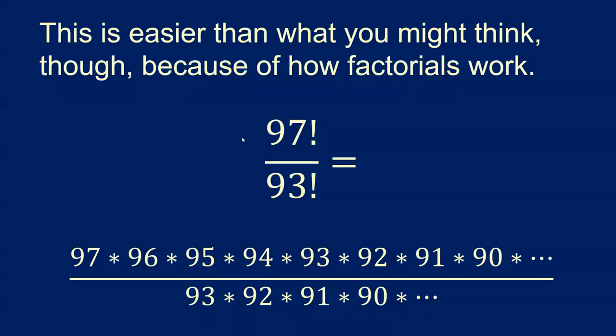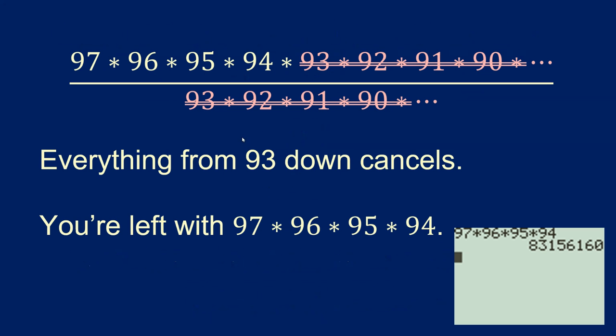So what you've got to do instead is, again, think about what this means. 97 factorial means I take all of the natural numbers from 97 down to 1 and I multiply all of them. 93 factorial is 93 times 92 times 91, etc. Just like before, an awful lot of that stuff cancels.